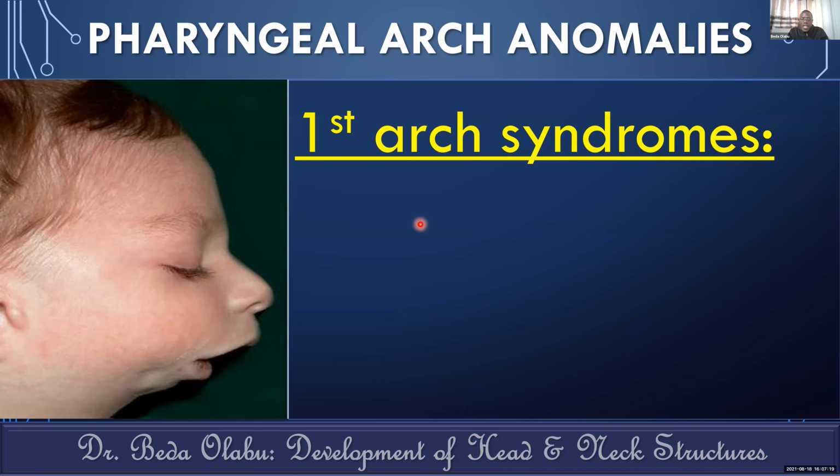So first pharyngeal arch syndromes arise due to some level of deficiency of mesenchyme in the first pharyngeal arch. So mesenchymal deficiency within the first pharyngeal arch may lead to some syndromes of the first arch. There are syndromes because there are multiple clinical manifestations that we see.